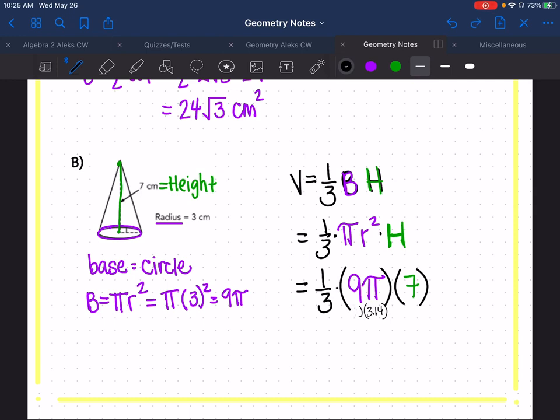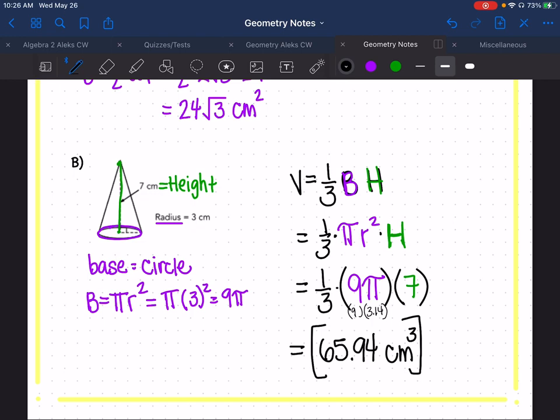Let me make that 9 a little nicer. There we go. So in my calculator, I would put 1/3 times 9 times 3.14, and I would come up with an answer, and it would be centimeters cubed. I do believe from what I've seen in Alex, they do ask you to use 3.14.